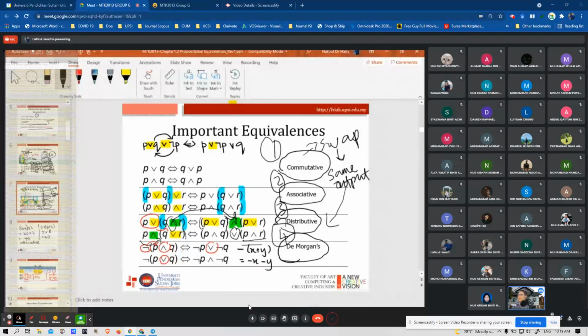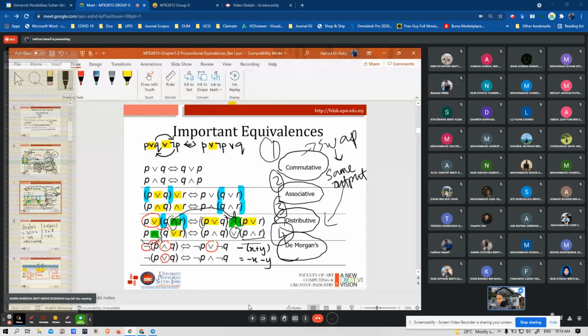Okay, and then the last one is the De Morgan law. For the De Morgan law, you need to understand that also open up the bracket. You can see here negate (P and Q) is the same as negate P or negate Q. For example, we have minus (x plus y), and then this one is equivalent to minus x and minus y.